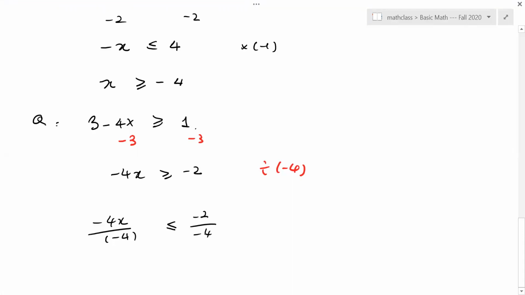Dividing by -4 is equivalent to multiplying by -1/4. That's why when you multiply both sides by a negative number, you have to change the direction of the inequality. So the left-hand side is x, the right-hand side is going to be 1/2. So x is less than or equal to 1/2. Okay, good.